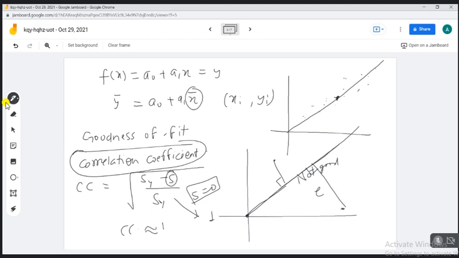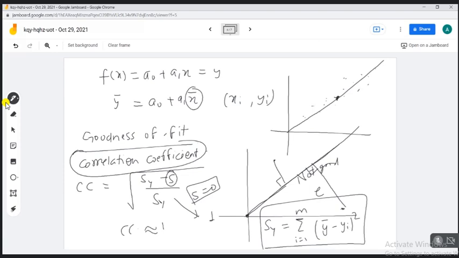I'm going to tell you what Sy is. So Sy is defined to be this function, where y bar is the mean of the yi's, and yi are the data set.